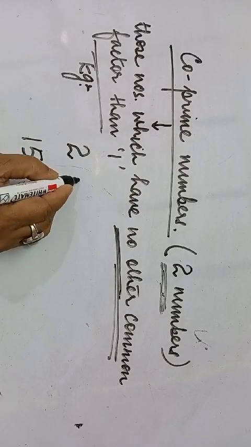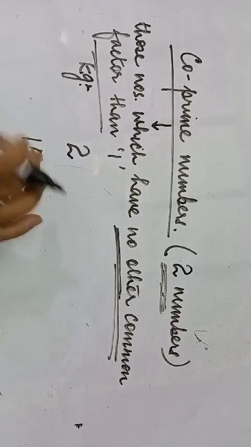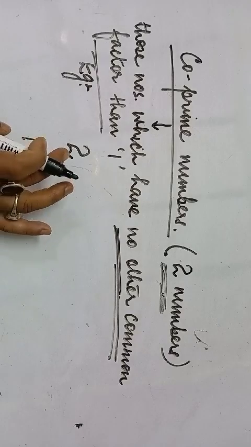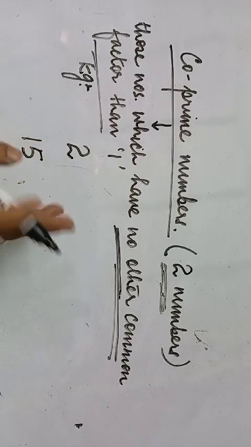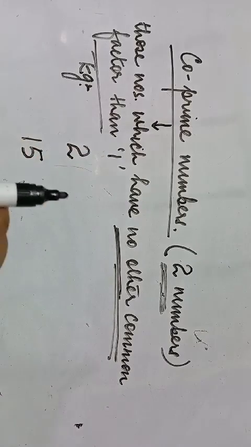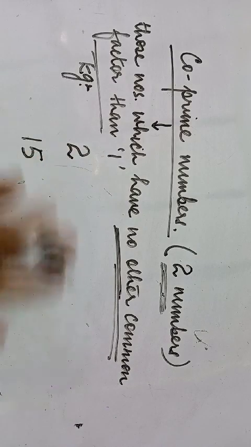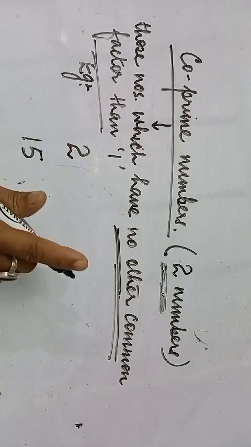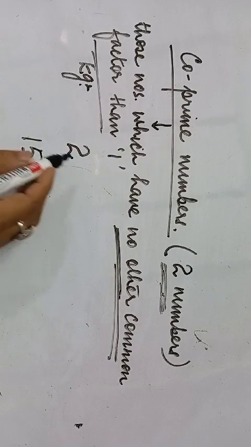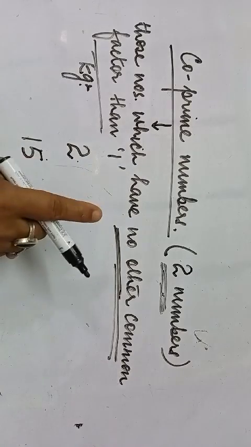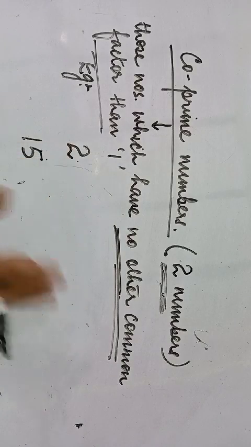Now, my purpose here is to understand that if two numbers are given and we have to check whether they are co-prime, then this should be the definition. Only one should be their common factor. No other number should be a factor of both these numbers. But along with that, you should also remember that it's not necessary that both these numbers individually should also be prime. No, that is not a criteria.